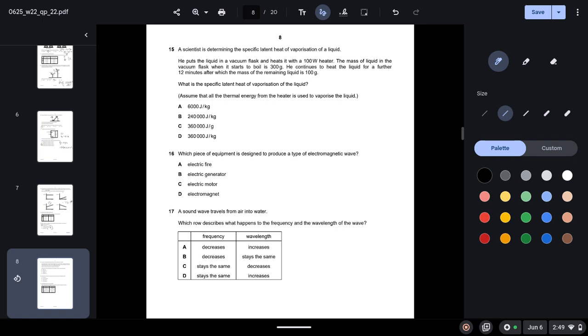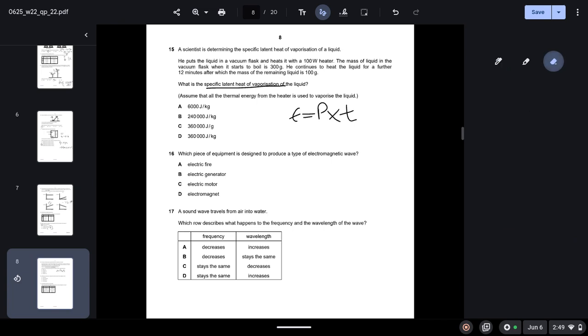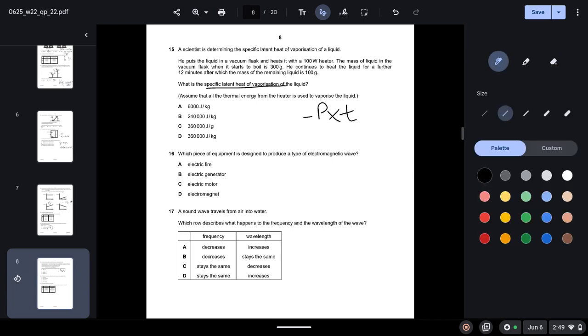Okay, so you need to calculate the specific latent heat of vaporization. First you'll have to calculate the energy used. Energy will be given by E equals power times the time taken. So 100 times 12 minutes.